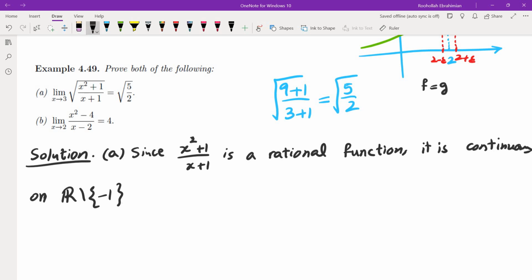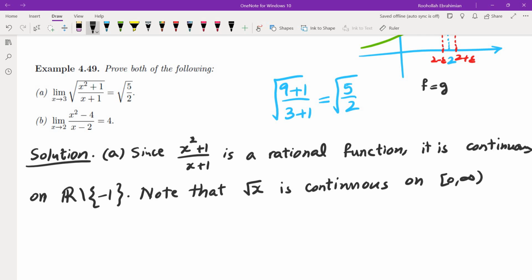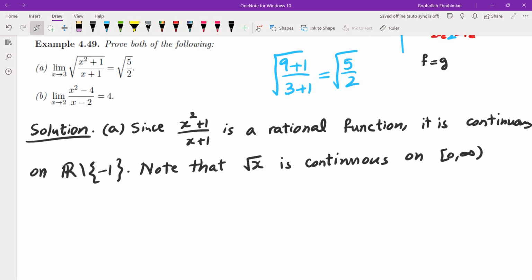Also note that square root of x is continuous on the interval 0 to infinity. This is also shown before. We have shown that this is continuous.